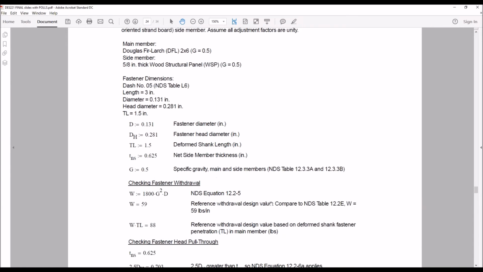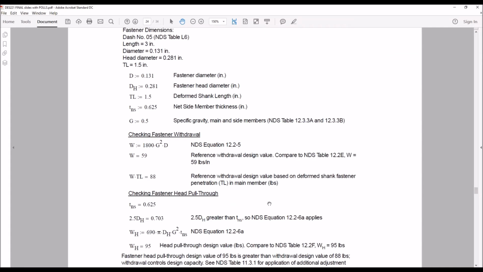So we're just defining some of the fastener geometry here in MathCAD, so you can see the diameter, the head diameter, and the deformed shank length are noted. The net side member thickness, or this T sub NS, in this example is just the thickness of the wood structural panel.